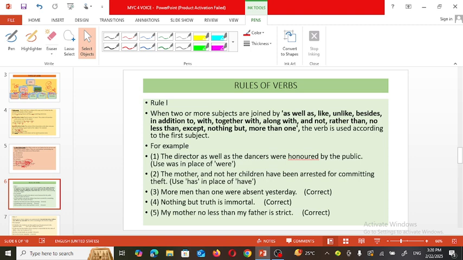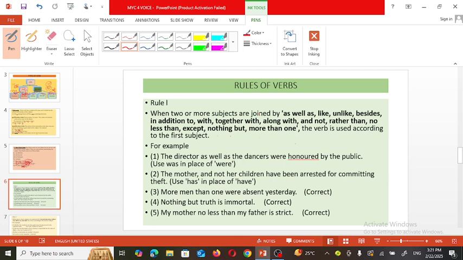See the first rule: when two or more subjects are joined by as well as, like, unlike, besides, in addition to, with, together with, along with, and not, rather than, no less than, except, nothing but, more than one.